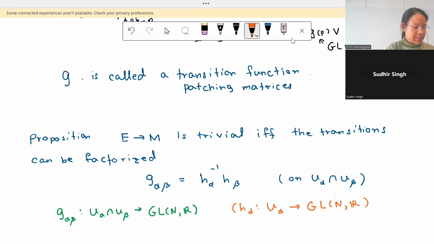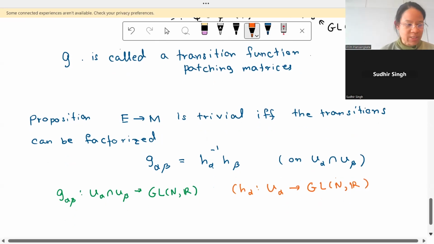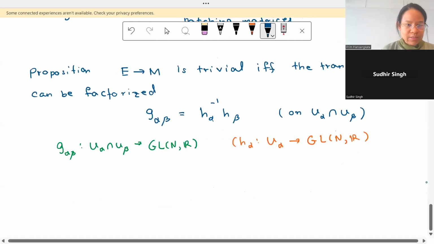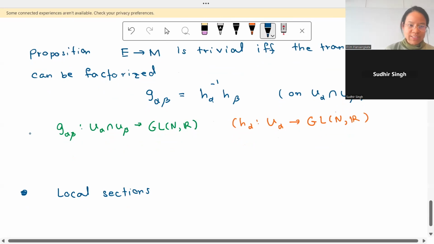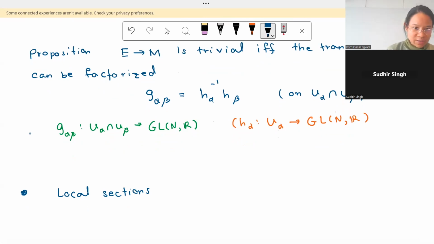Okay, next, there are a bit more things about vector bundles that I need to introduce before we define connection. So the next one is local section. We have seen local section before as well.